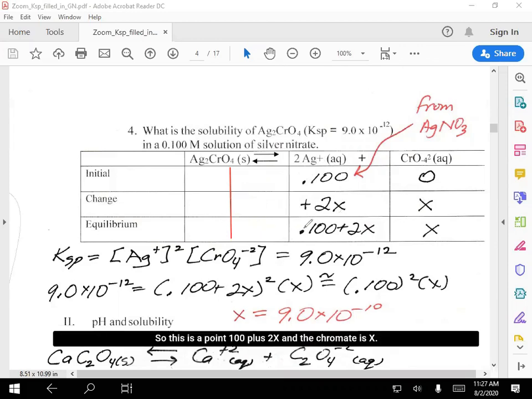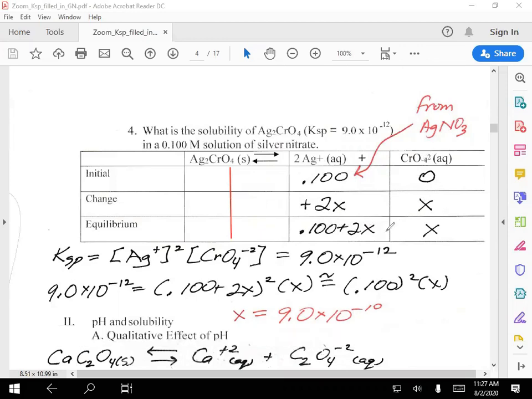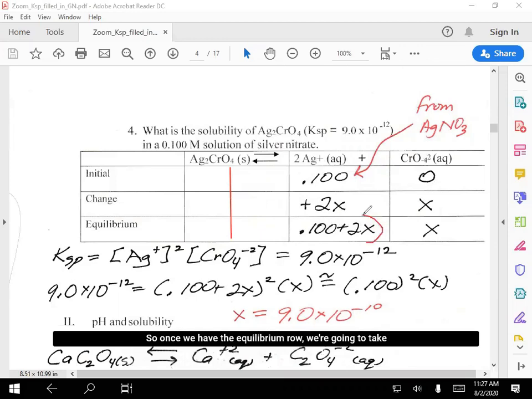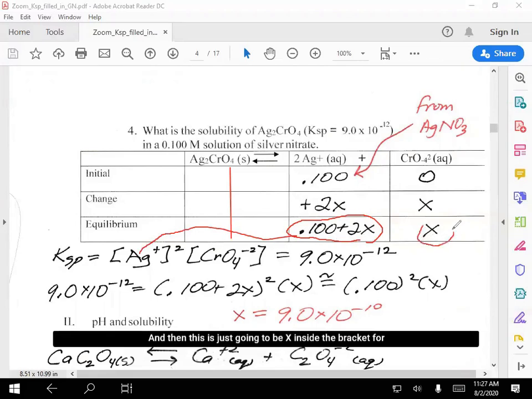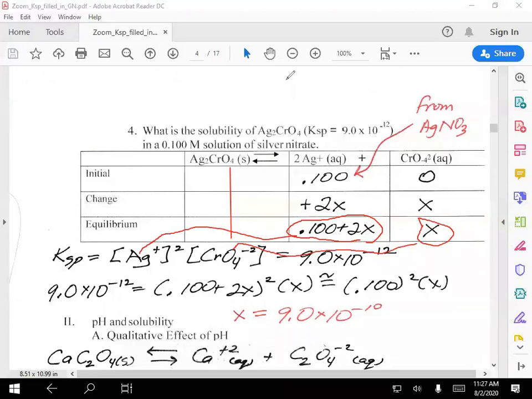So this is 0.100 plus 2x, and the chromate is an x. So once we have the equilibrium row, we're going to take this and put it inside the brackets for our KSP expression. And then this is just going to be x inside the bracket for our chromate.